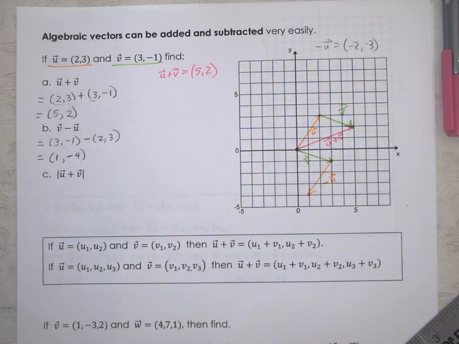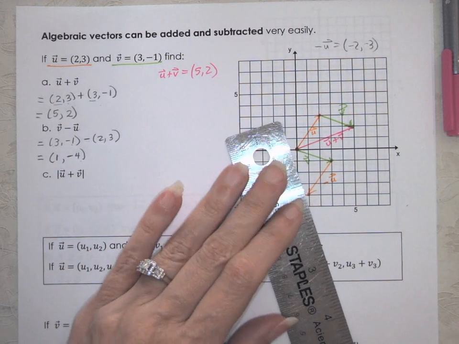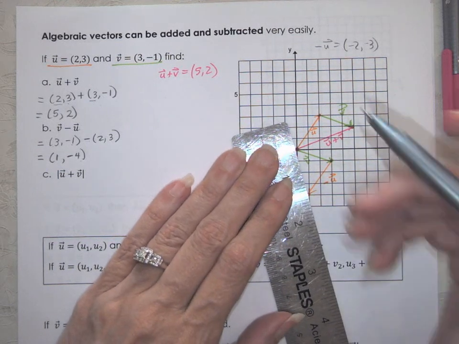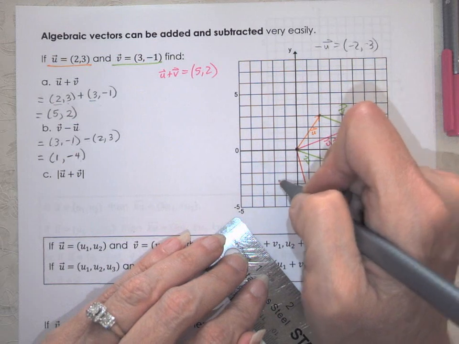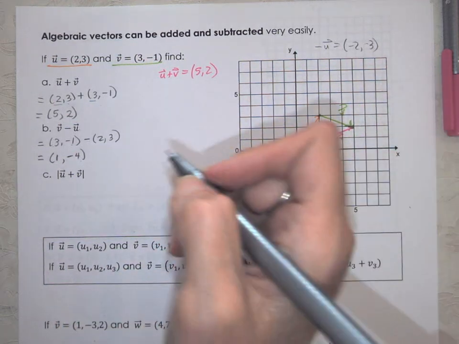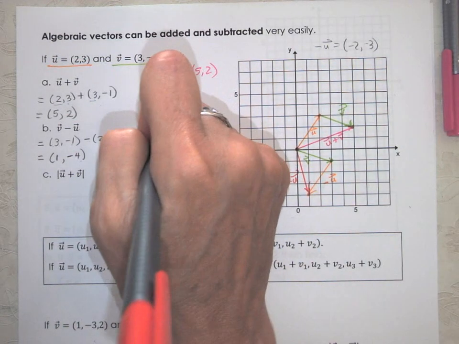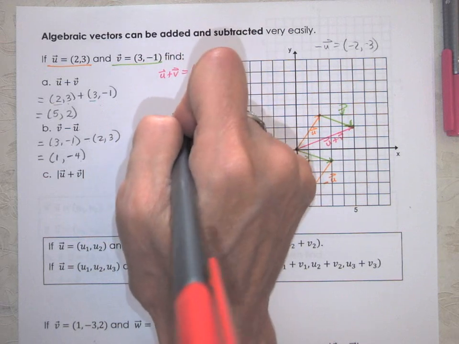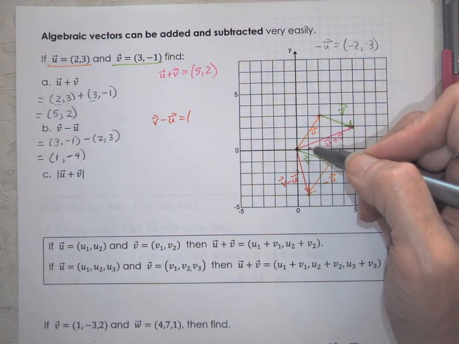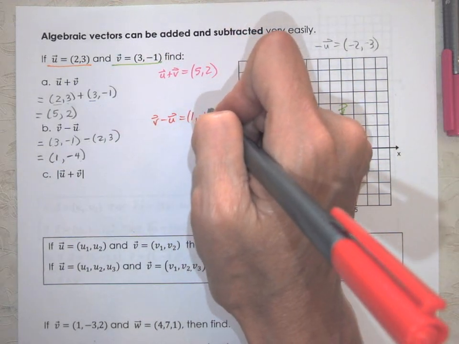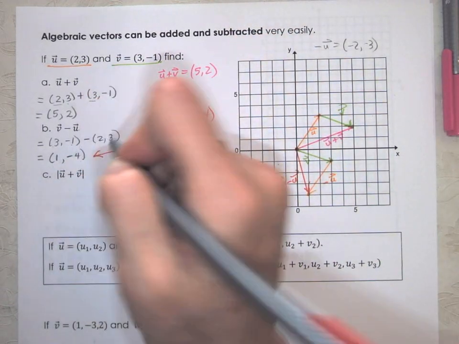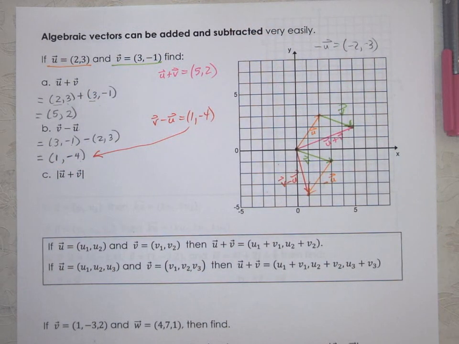And I'll get a different color here. So this vector I'm drawing from 0, 0 to this tip here is going to be vector v minus u. And we can see from our diagram here that vector v minus u starts at 0, 0 and ends at 1, negative 4, which is exactly what we got when we just subtracted our algebraic vectors.